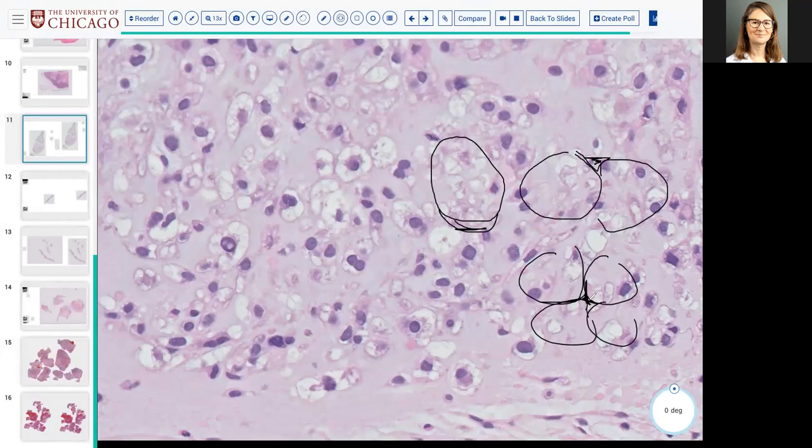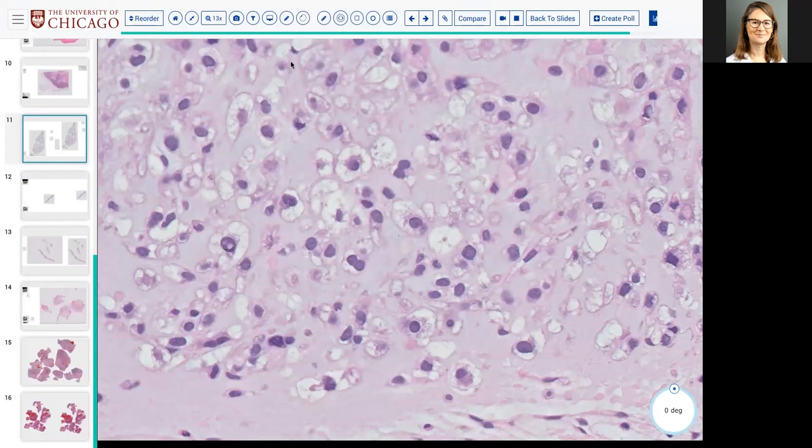But the point is that it's squashed. In these cases, the nucleus does not appear squashed at all. It's nice and plump, and it pushes the vacuole aside rather than being pushed aside by the vacuole. So that helps in saying that these are not lipoblasts.